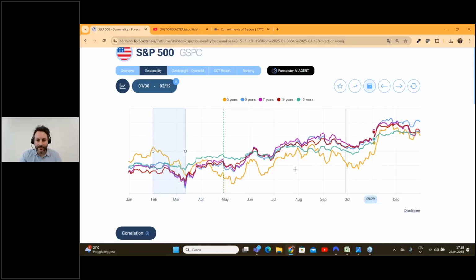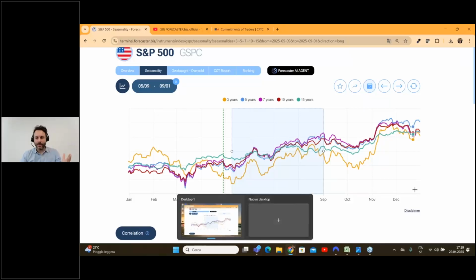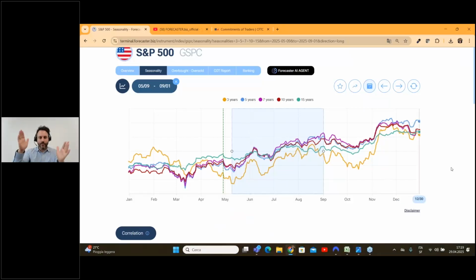You can say something similar but opposite, for example, here. As you can see, using the last 3 year seasonalities, which is the average of the last 3 years, or the last 10, 15 years, you can definitely find the same trend in a window period between the very beginning of May and the very beginning of September.